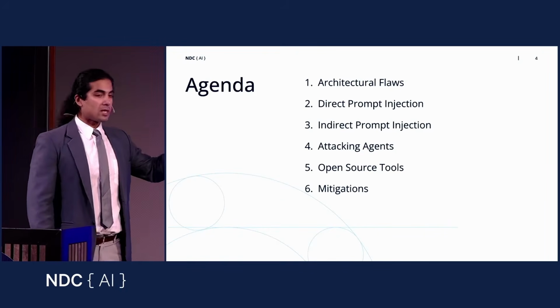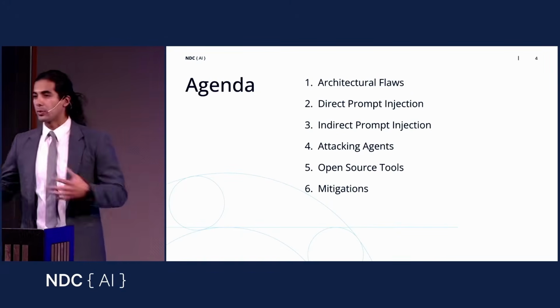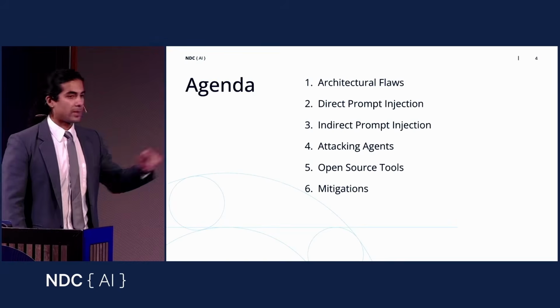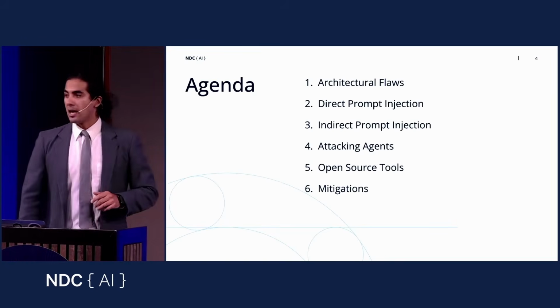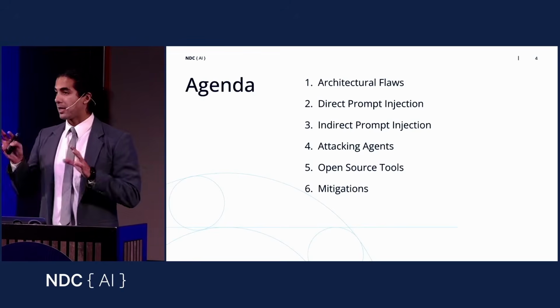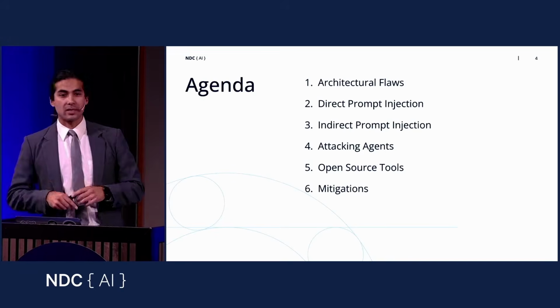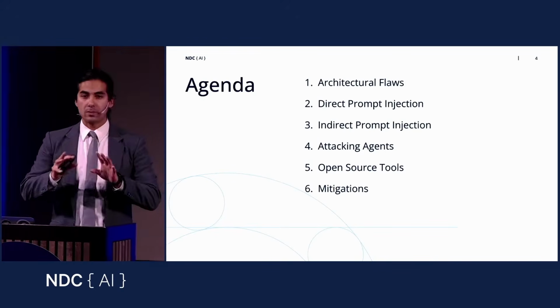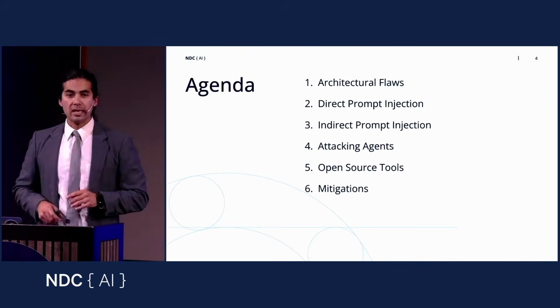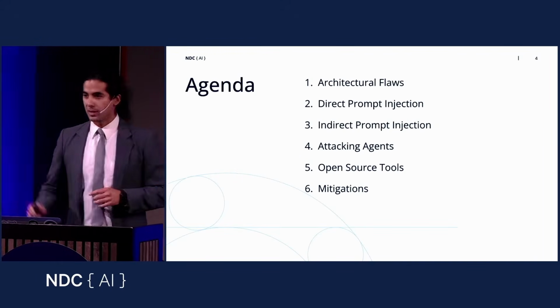Then we will chat about agents, then some open source tooling, and it wouldn't be a good security talk if we didn't talk about some of the mitigations. Part of this session also includes a hands-on portion. At the very end, in the last couple of slides, I'll give you access to a platform where you can practice your own hands-on hacking of these systems, and you'll be able to do that for free for the coming weeks.